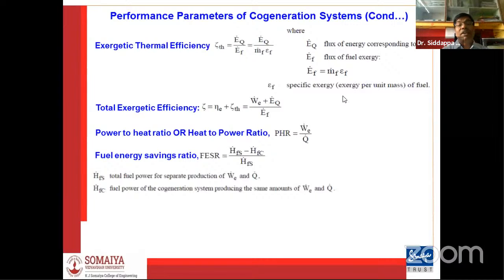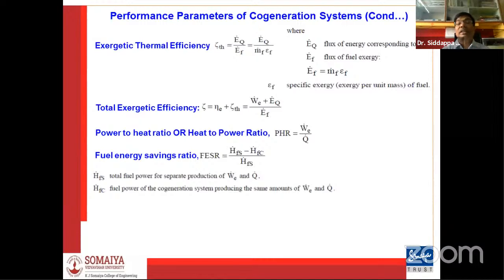FESR is nothing but the ratio of HFS minus HFC divided by HFS, where HFS is the fuel supplied to the system for separate production of W and Q. That means if you want to separately produce the electrical energy and the thermal energy, whatever amount of fuel you are going to supply, minus HFC, which stands for the fuel power for the cogen system producing the same amount of W and Q. If you use exhaust gas from the chimney and reuse it in the economizer, then in the air preheater, then later on how much fuel is required in the combustion chamber?